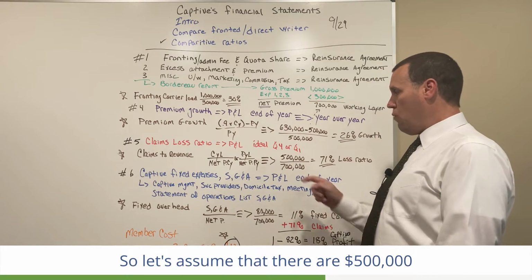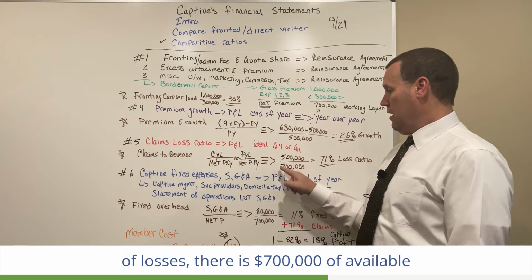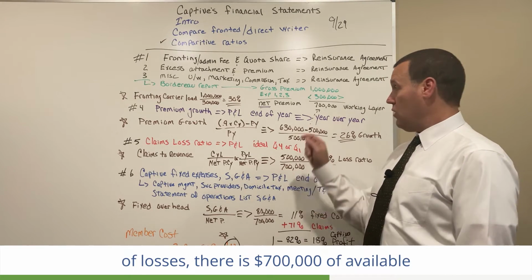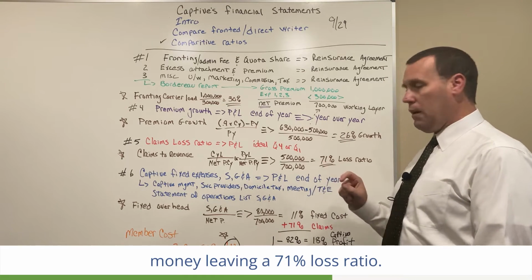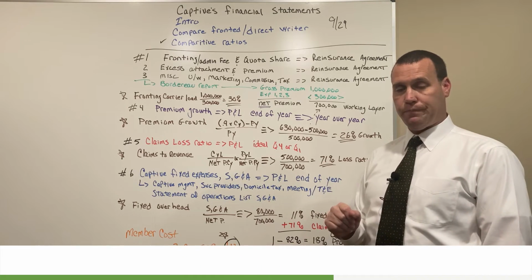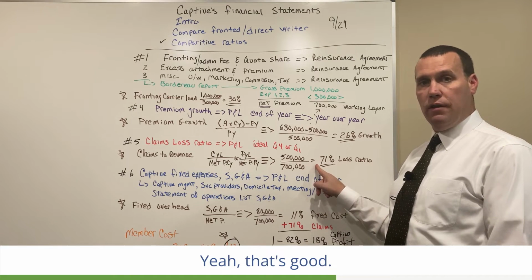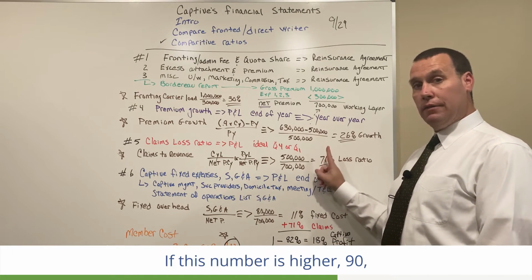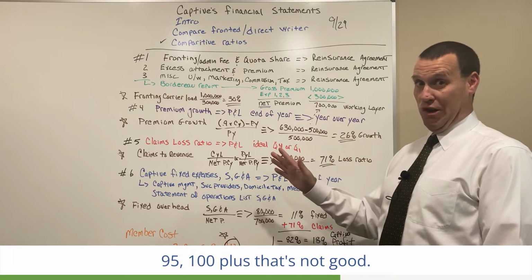So let's assume that there are 500,000 of losses. There is $700,000 of available money, leaving a 71% loss ratio. Is that good? Yeah, that's good. If this number is higher, 90, 95, 100 plus, that's not good.